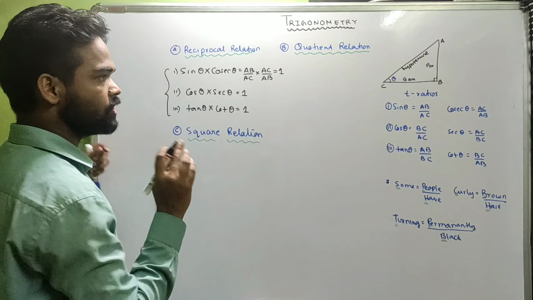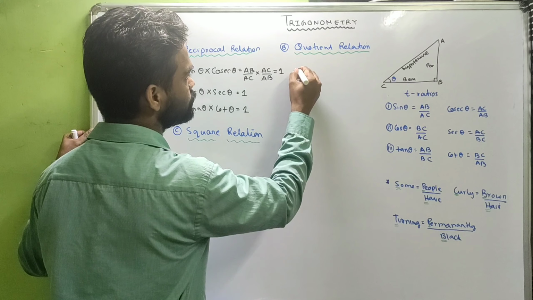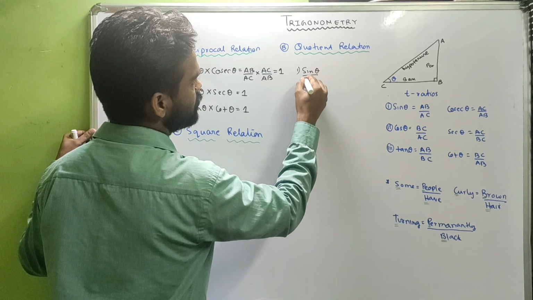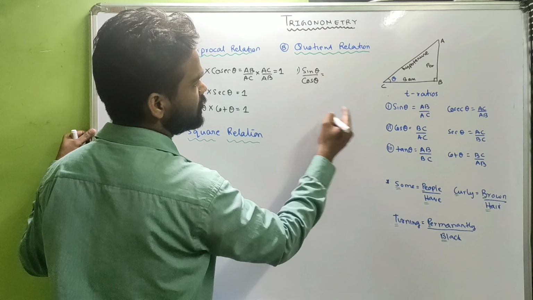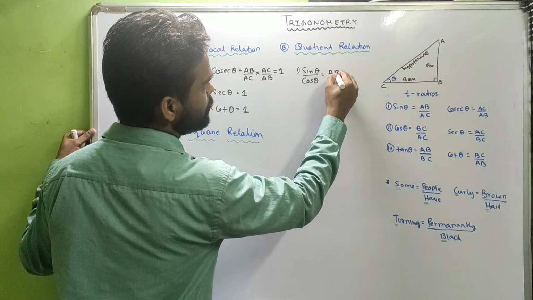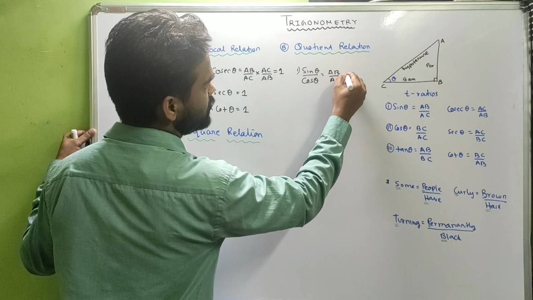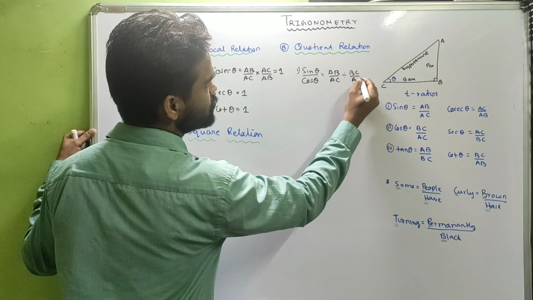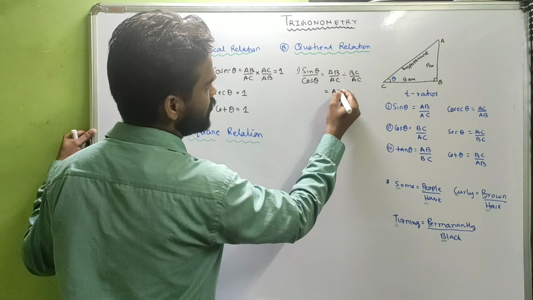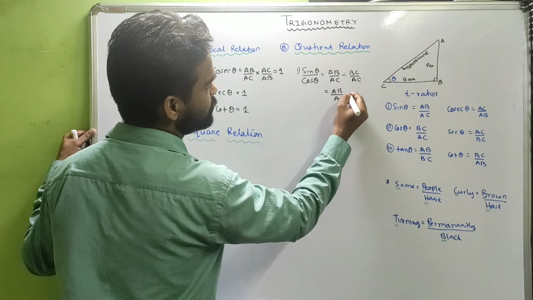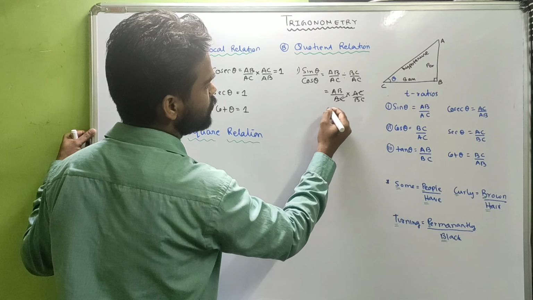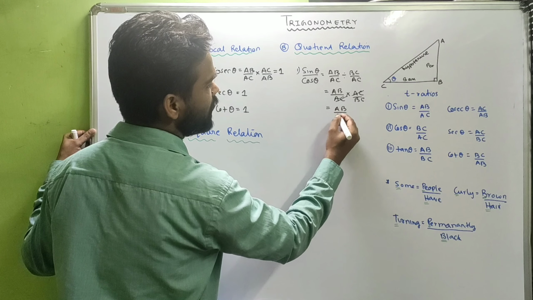Now the quotient relation. Just look over here. I'll divide sine theta by cos theta. It means AB by AC divided by BC by AC, which is AB by AC multiplied by AC by BC. So this cancels out, which is AB by BC.